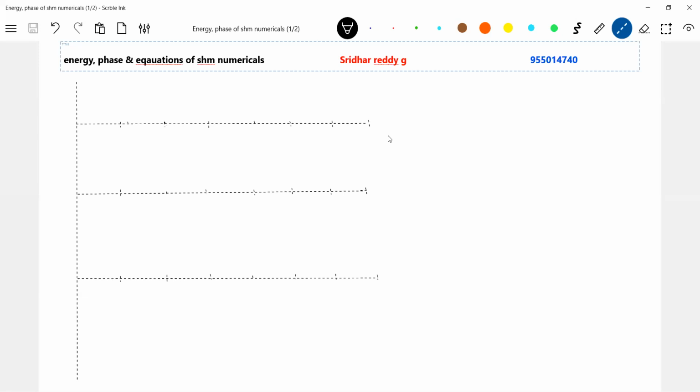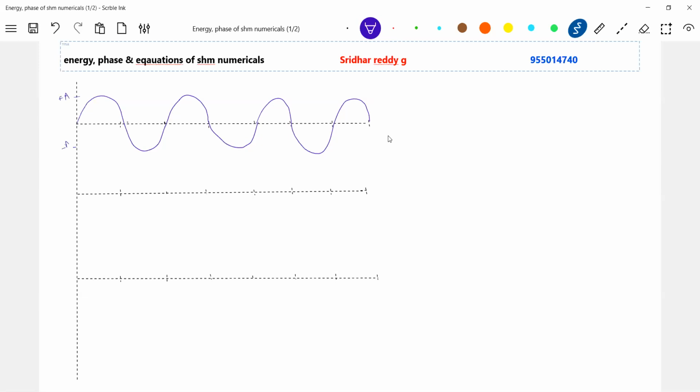Okay, the equation is x equal to a sine omega t. This is a rough graph, not up to scale. Okay, this is the amplitude, the same thing we discussed yesterday. Let it be x, and this is t. x equal to a sine omega t. I'm taking it.